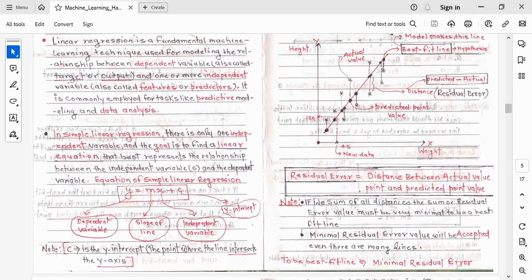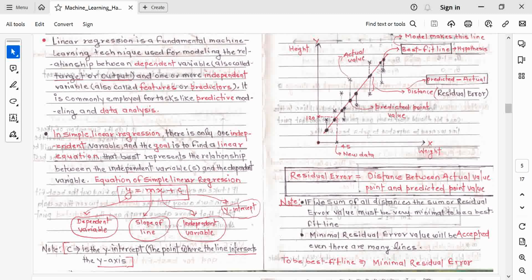We have to make our foundation strong to understand the upcoming classes and all the algorithms related to machine learning. So we need to understand its basics, how it works, and its small points.